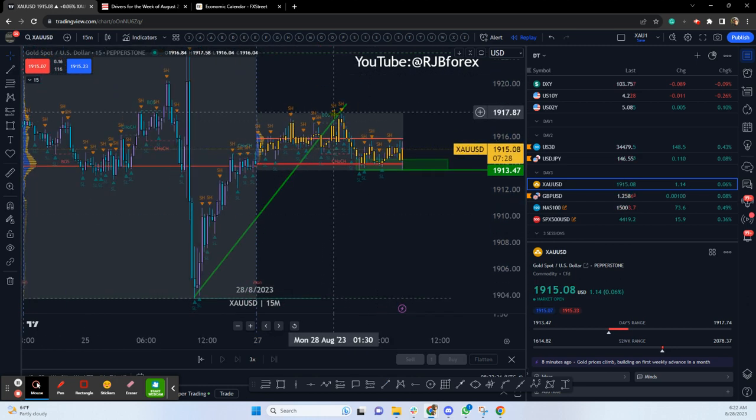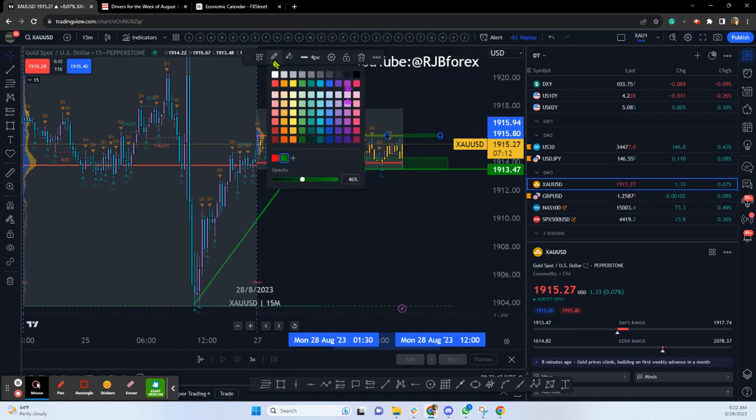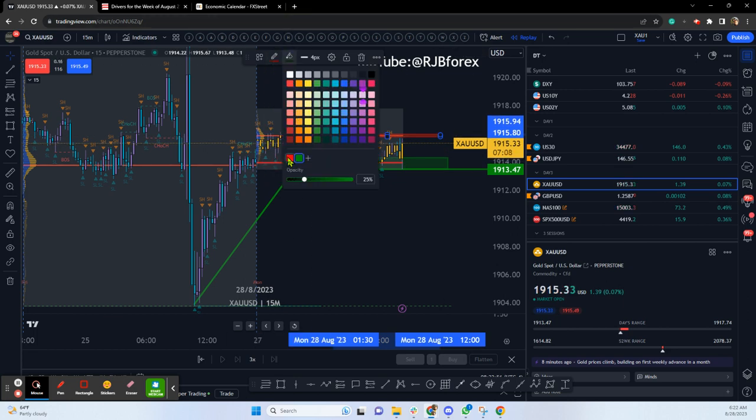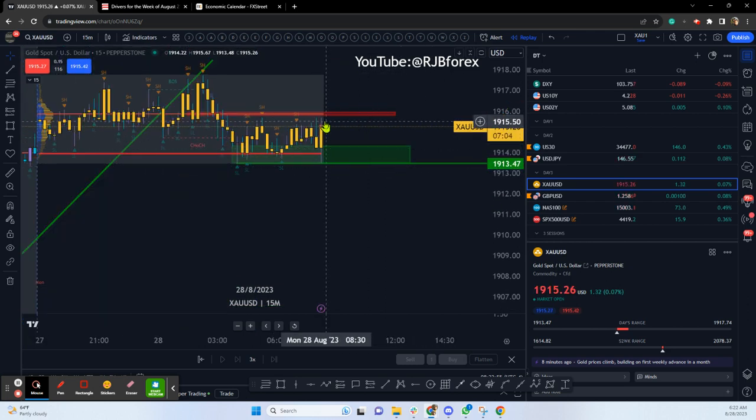That moved lower. We've got potential resistance at the point of control in today's choppy range. And we're coming up into that.